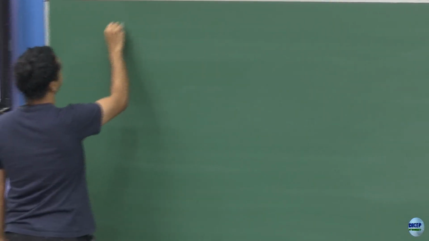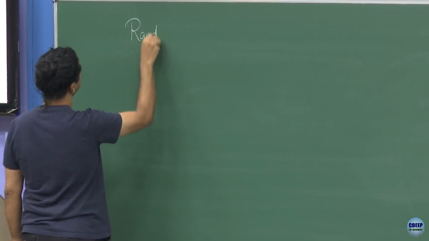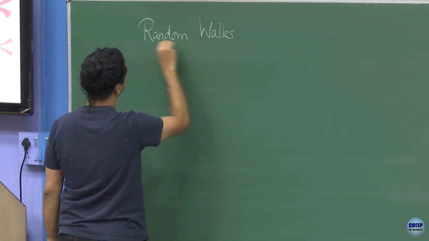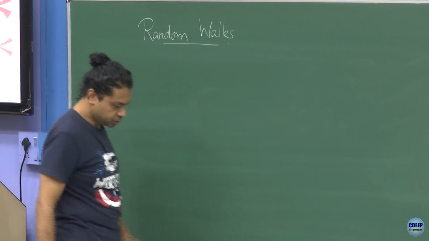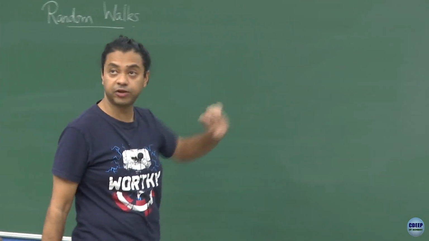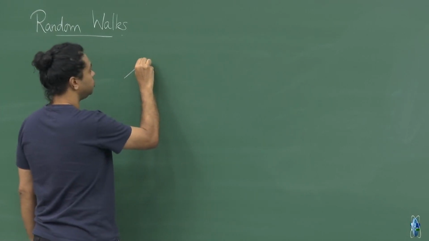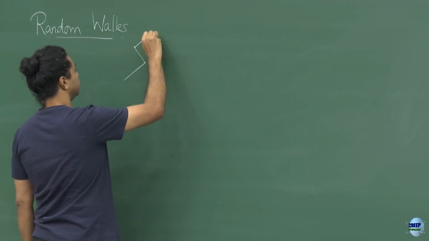Okay. So random walks. The prototype that I have in mind is this sort of an E. coli: I walk, I choose a new direction, I walk, I choose a new direction, I walk.